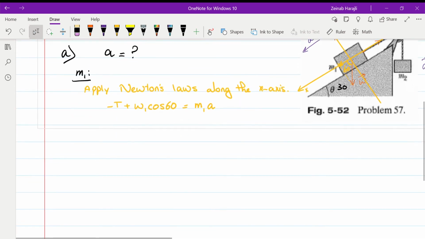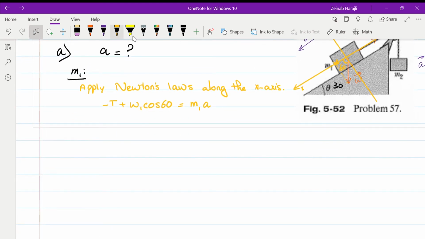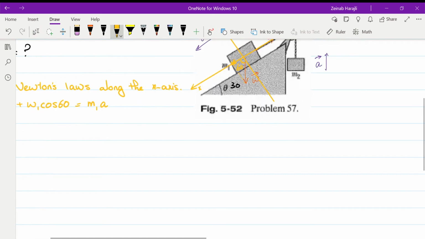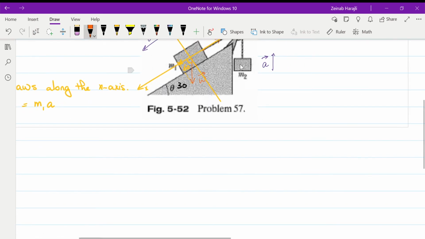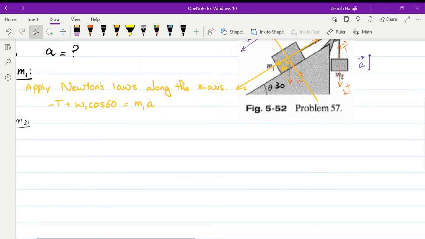Now we can move forward to study M2. For M2, if we look at the forces involved, we have the weight, which is downwards, and the tension, which is upwards. We have taken the acceleration to be upwards as well.